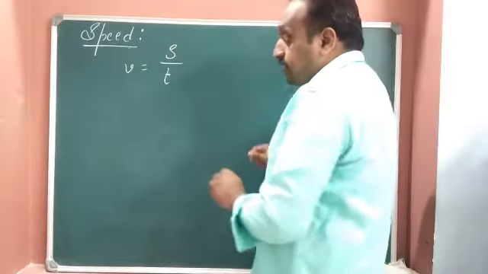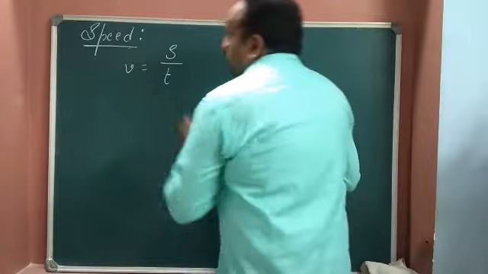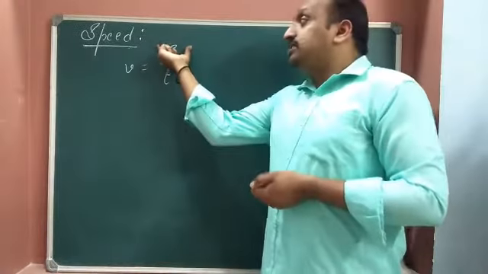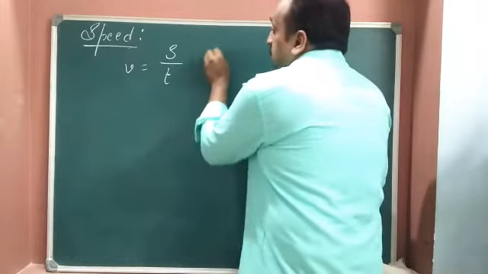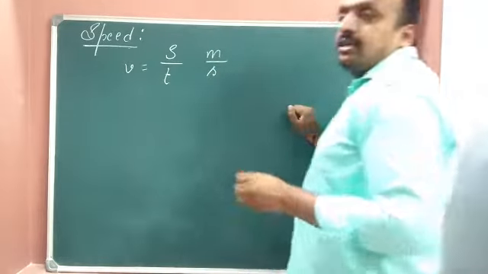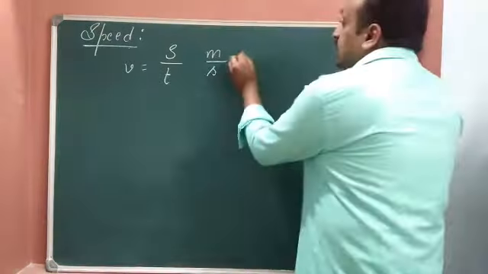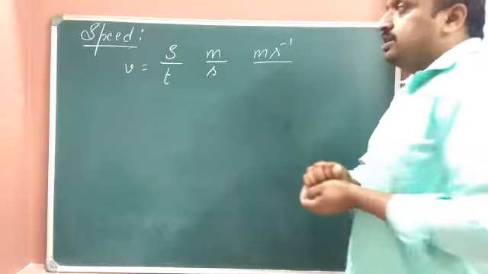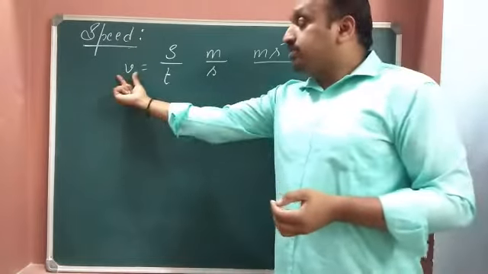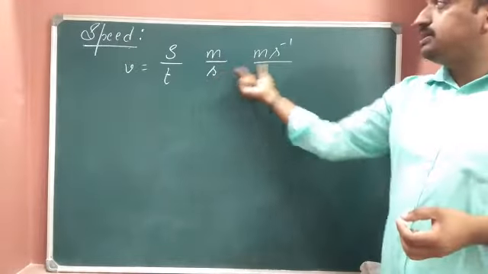Now the unit of speed. The unit of speed is the unit of distance divided by the unit of time, that is meter per second. We can also represent it as meter second inverse. So the SI unit of speed is meter per second.